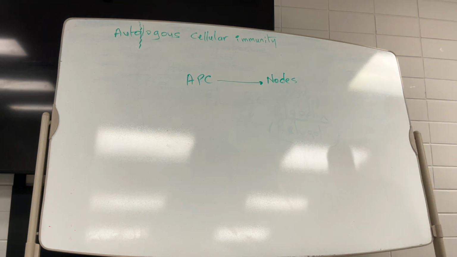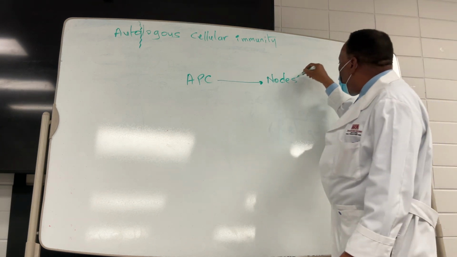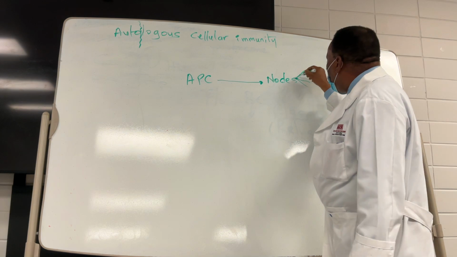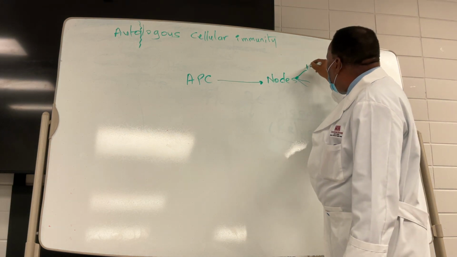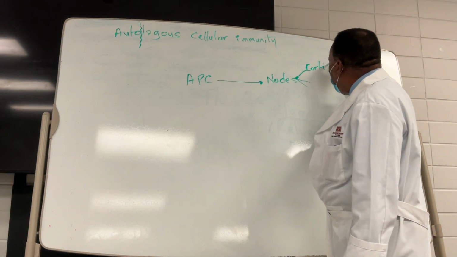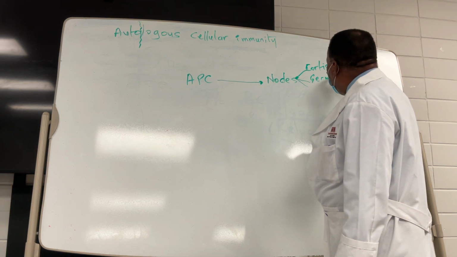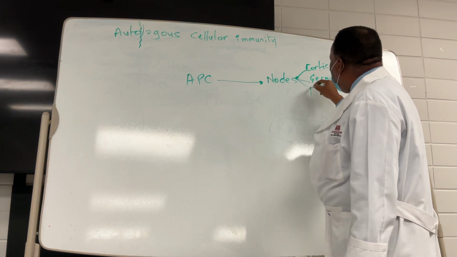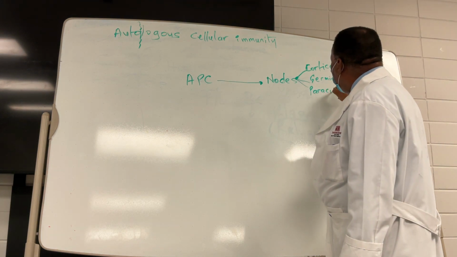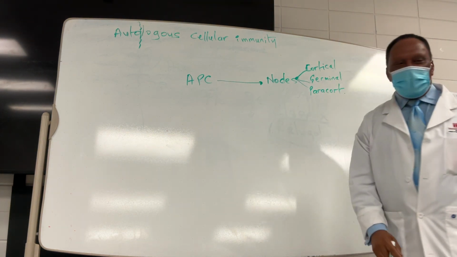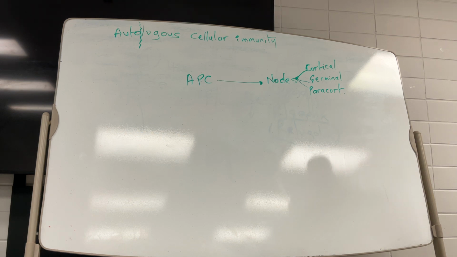At the lymph node, you have 3 segments: you have cortical, and you have germinal, and you have your paracortical segments of your lymph nodes.